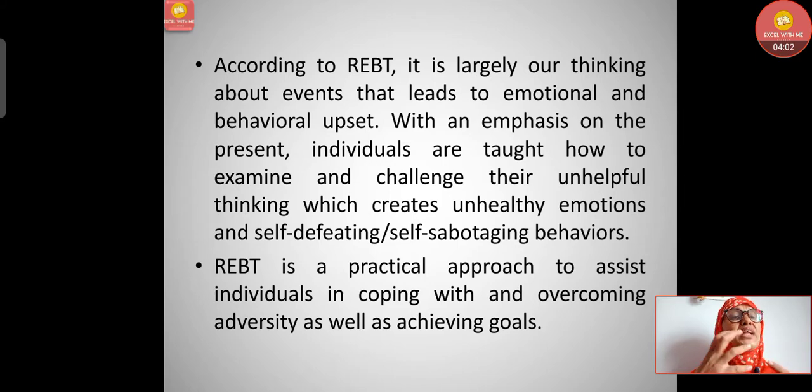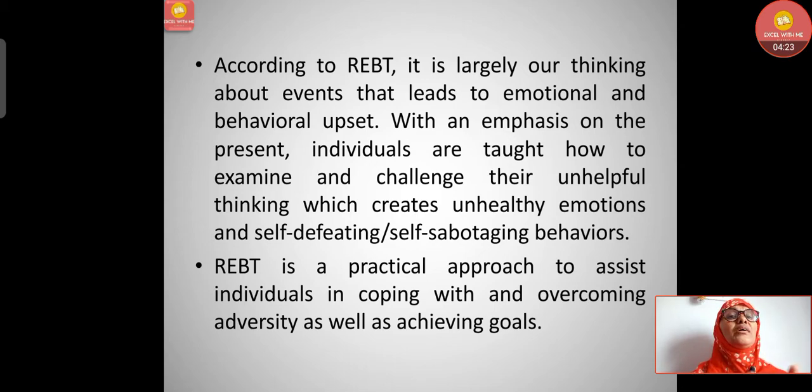So emotional and behavioral upsets will begin. With an emphasis on the present, individuals are taught how to examine and challenge their unhelpful thinking, which creates unhealthy emotions and self-defeating or self-sabotaging behaviors.